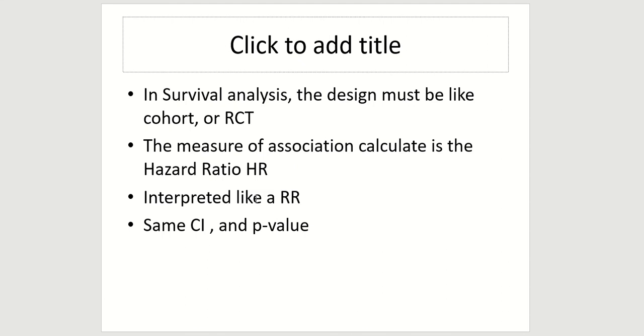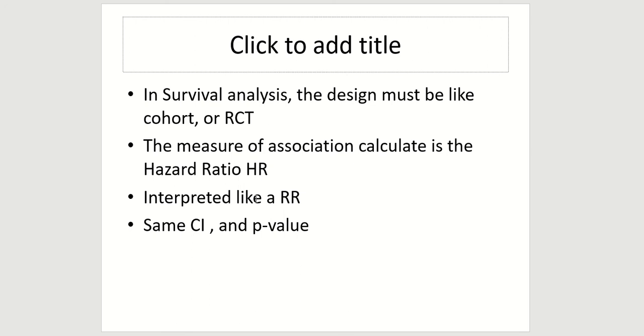Instead of saying the risk is 2 times in the exposed versus non-exposed, you will say the hazard of death in the treated is, for example, 20% less than in the non-treated. So it's interpreted very similarly to the relative risk, but we say hazard instead of risk. You can also get a confidence interval, and you can also get a p-value.